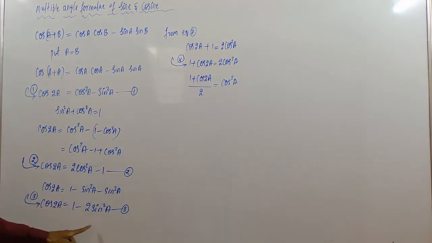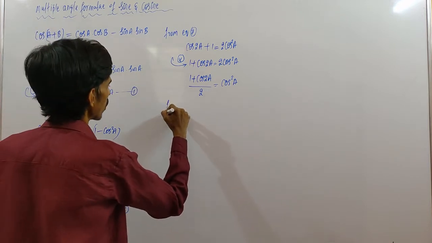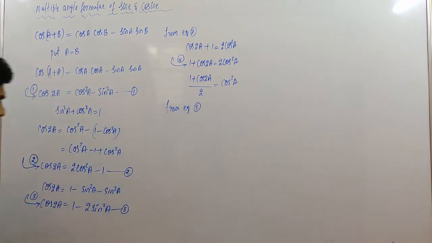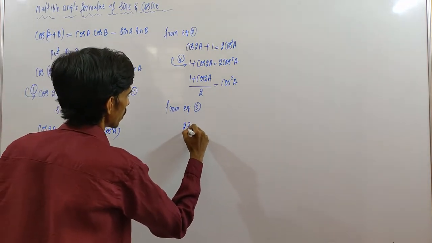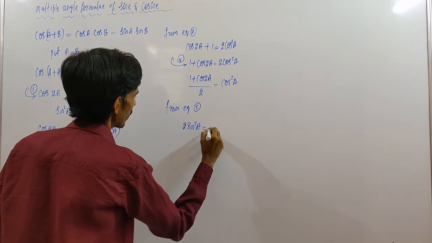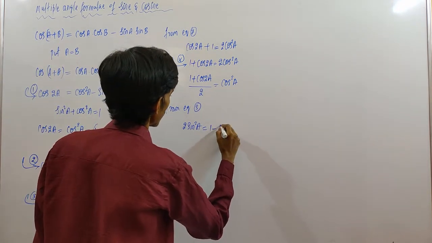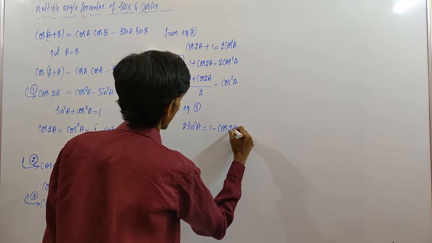Now from equation 3, get the sin square A value. It will become 2 sin square A value is 1 minus cos 2A.